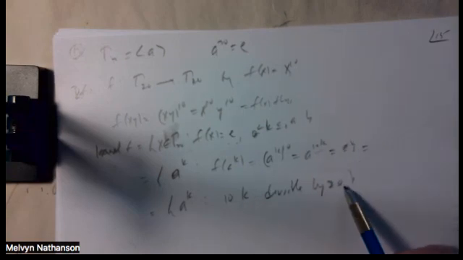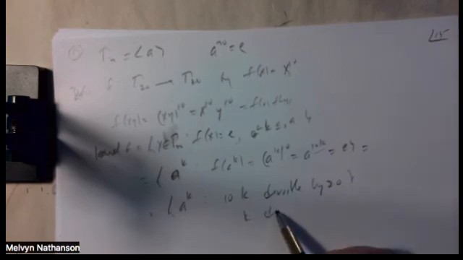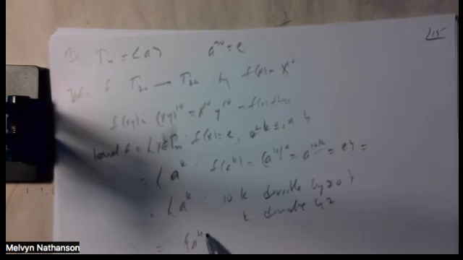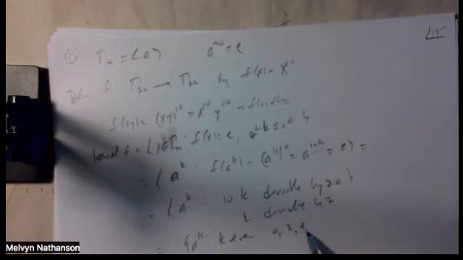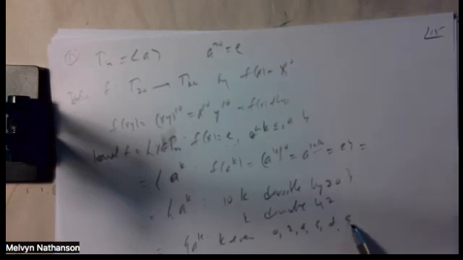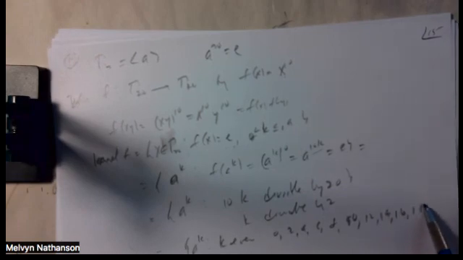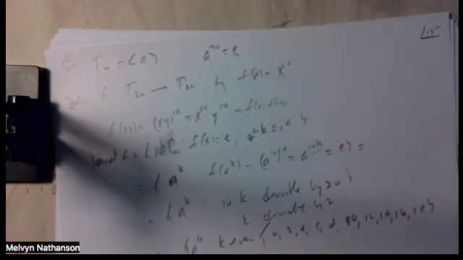So 10k is divisible by 20, or k is divisible by 2, which means all a to the k with k an even integer, an even integer between 0 and 18. And there are 10 of them.